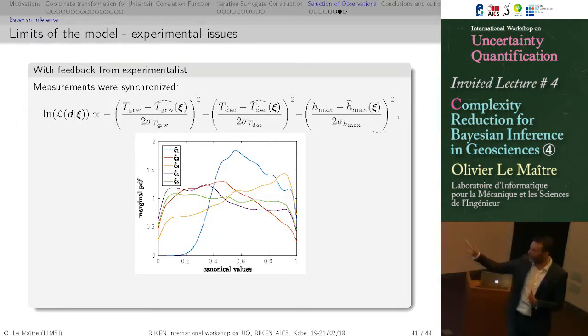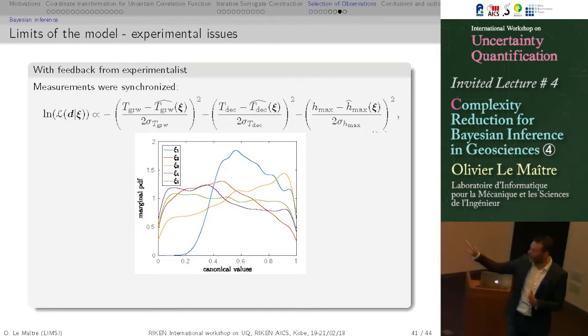Okay, and now if we look to the posterior distribution of the parameter, well, actually, we are using some canonical variables, so you should compare to the prior distribution, which is uniform between 0 and 1. And you see that we are not learning much in this problem. Okay, so we go from something that is uniform between 0, 1, and the marginal posterior.